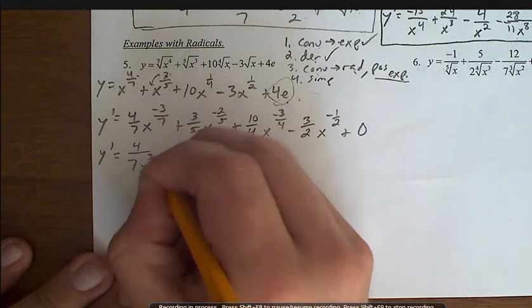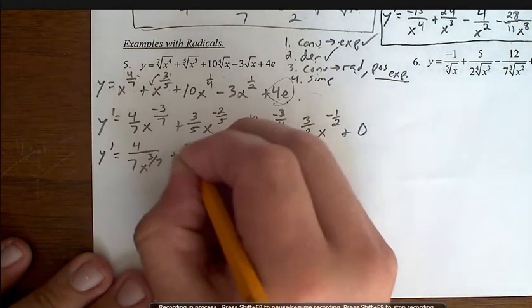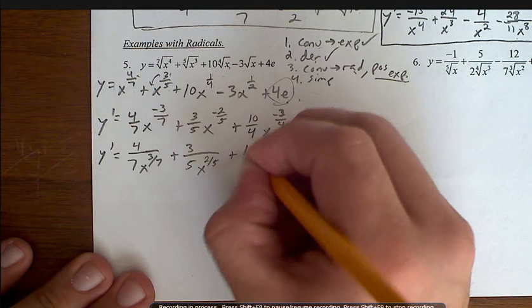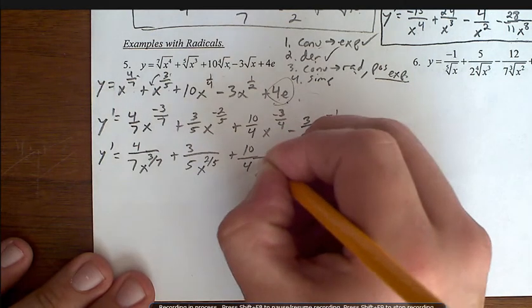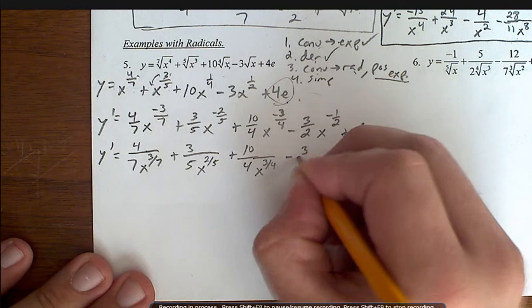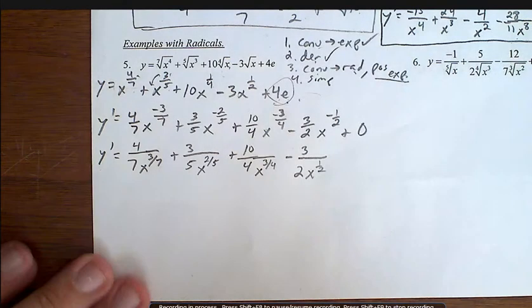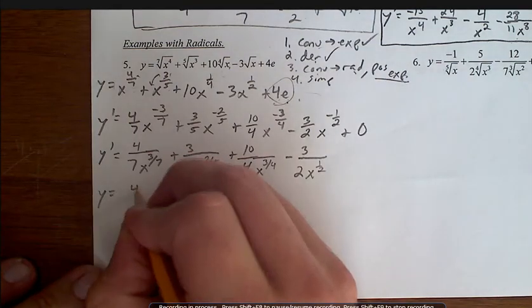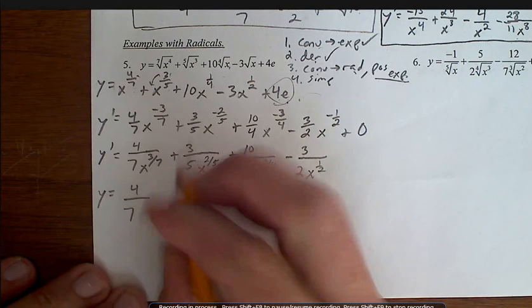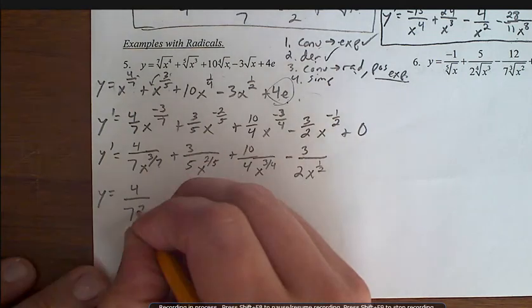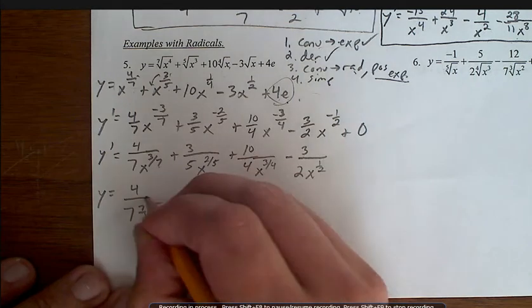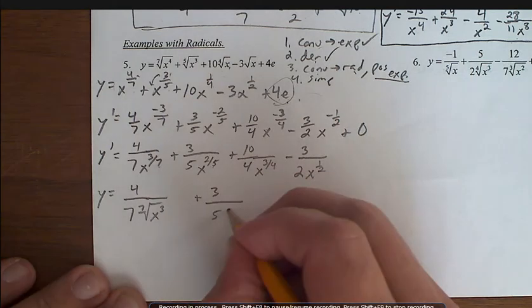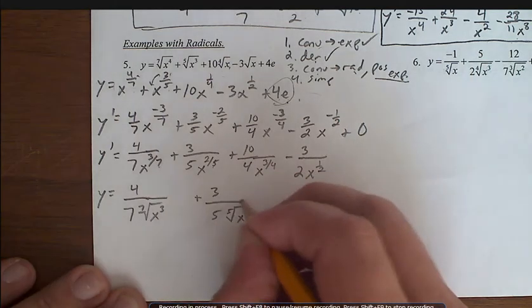Okay, and now convert back to radicals. This is the 6th root of x to the 3rd. Fifth root of x squared. 10/4 is 5/2. 4th root of x cubed. Square root of x. Okay, so here's our derivative.